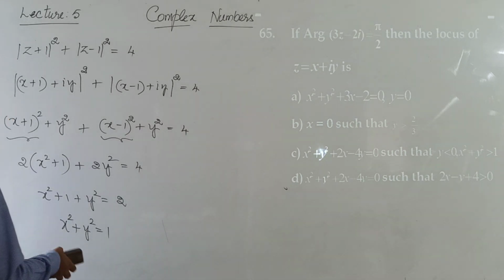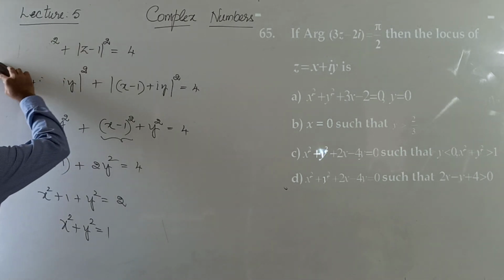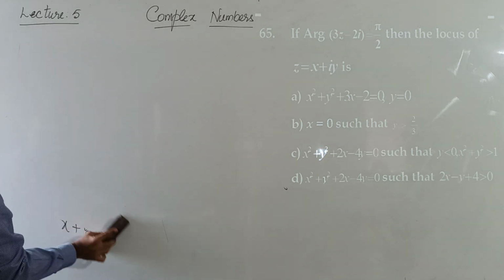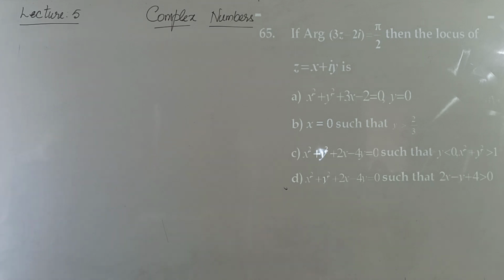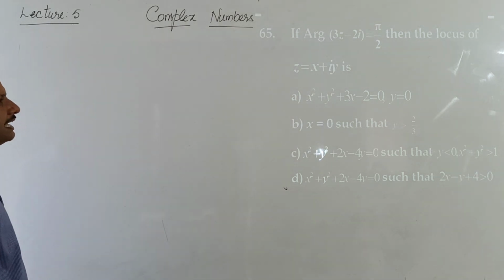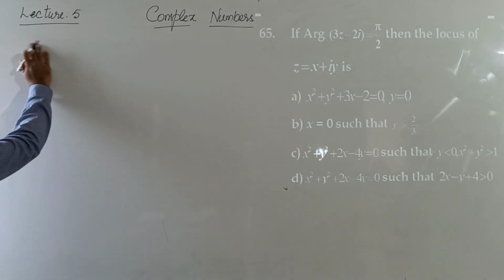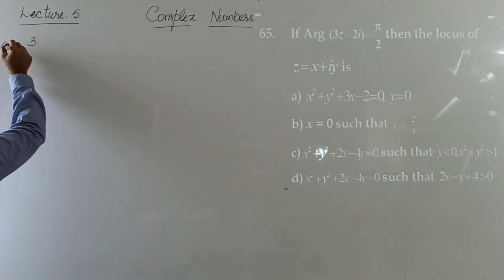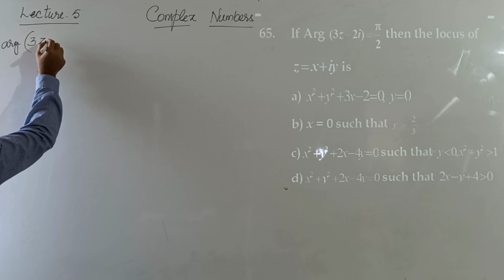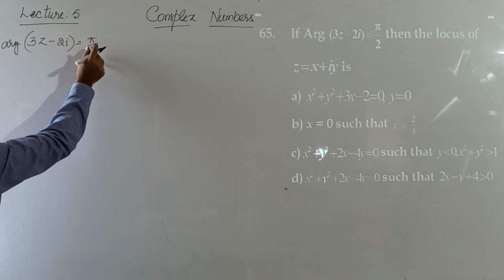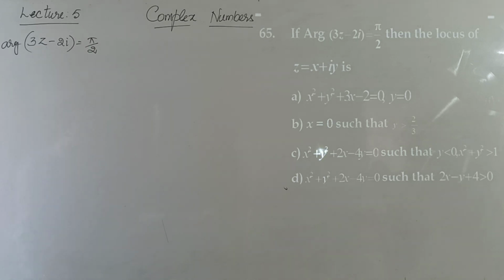Okay, now last problem of the day. If argument of (3z minus 2i) is equal to pi by 2, then the locus of z equal to x plus iy is? Argument is pi by 2.